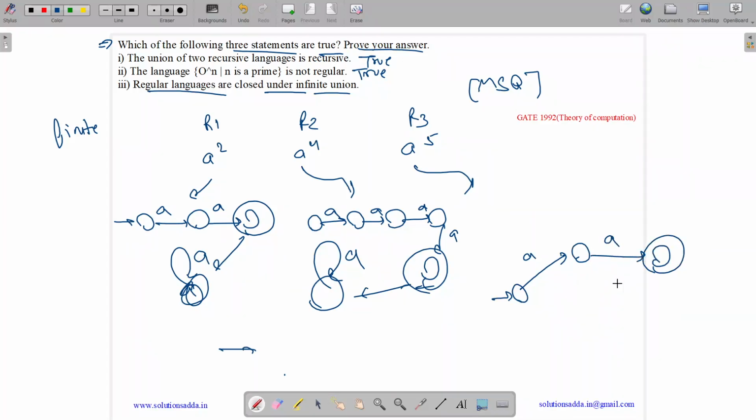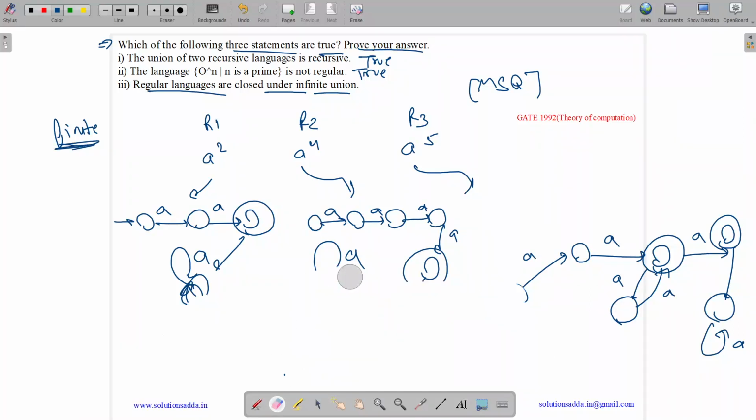And if we have two a's, then a third a, we come over here, then a fourth a, we come over here, then a fifth a also we accept, and a fourth a also we accept. Then after this, any number of a's, we go to the trap state. So we can also do it for finite union.